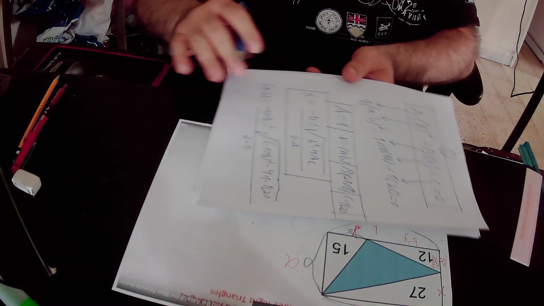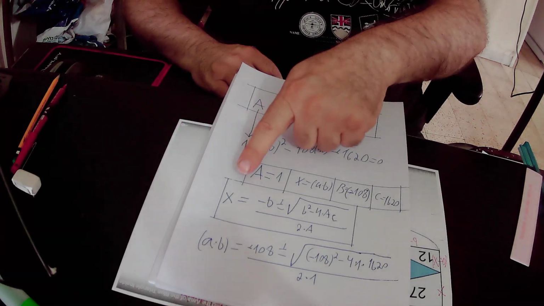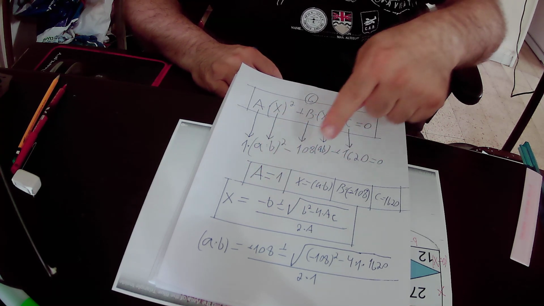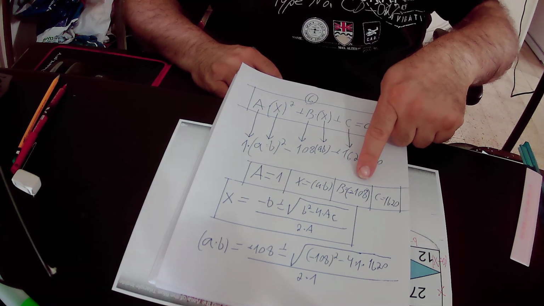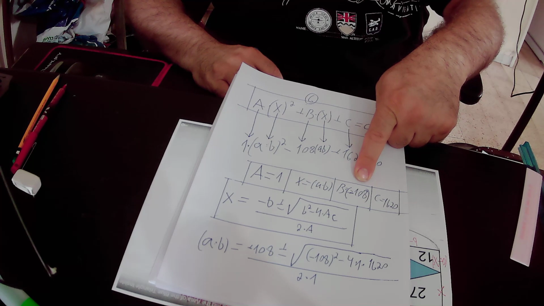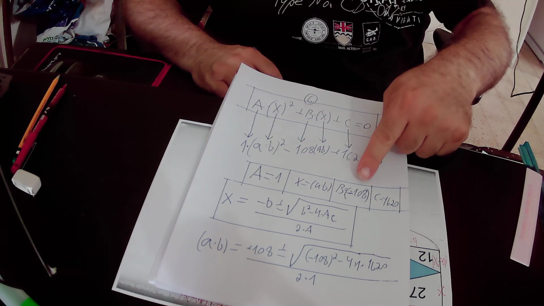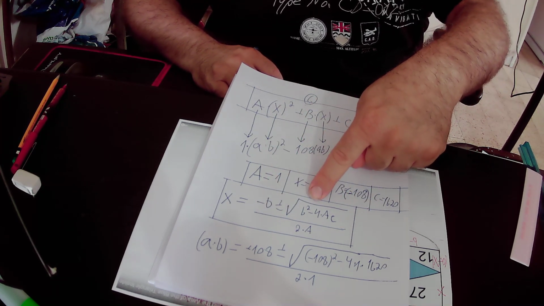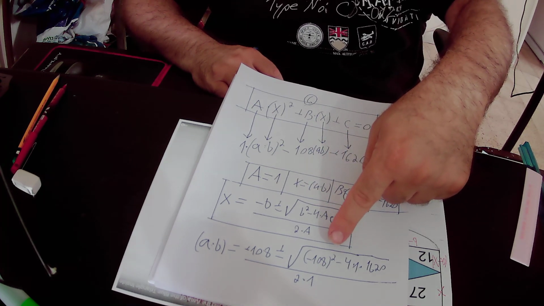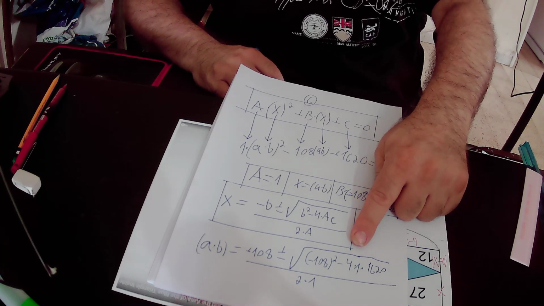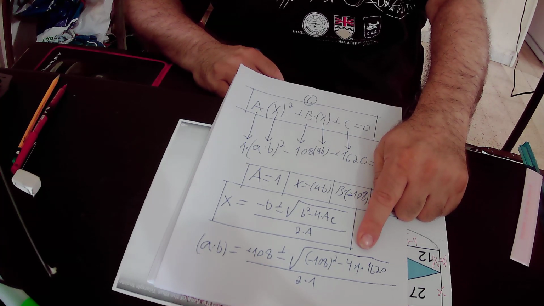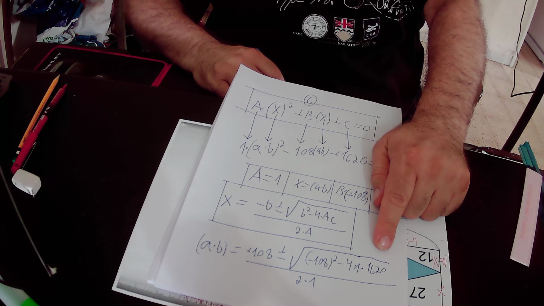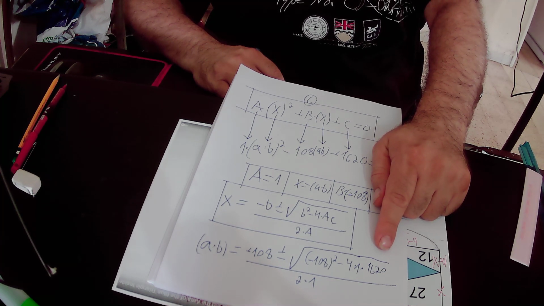So again, I will repeat, x equals ab, here we have minus b, b equals negative 108, so minus b is minus negative 108, that is plus 108, plus minus the root of b squared, negative 108 squared, minus 4 times a times c, this is 4 times 1, times c equals 1620.